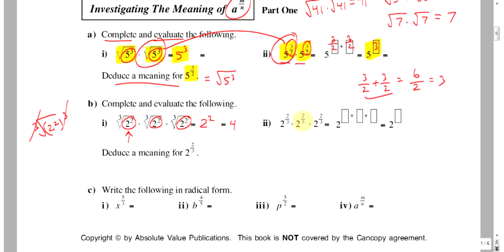And what's 2/3 and 2/3 and 2/3? 6/3, right? Otherwise known as 2 squared. Deduce a meaning for 2 to the 2/3. It must be the same as that.